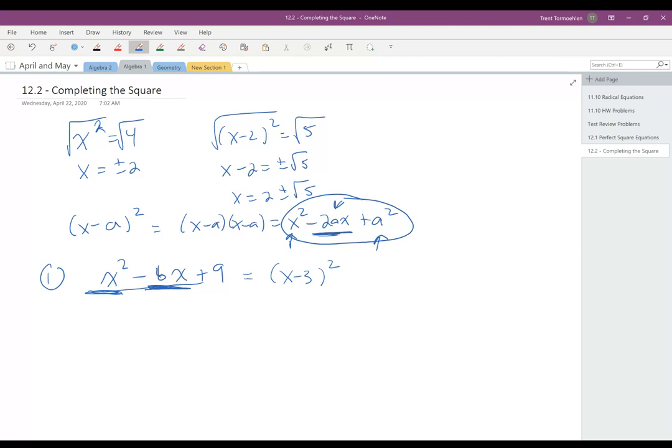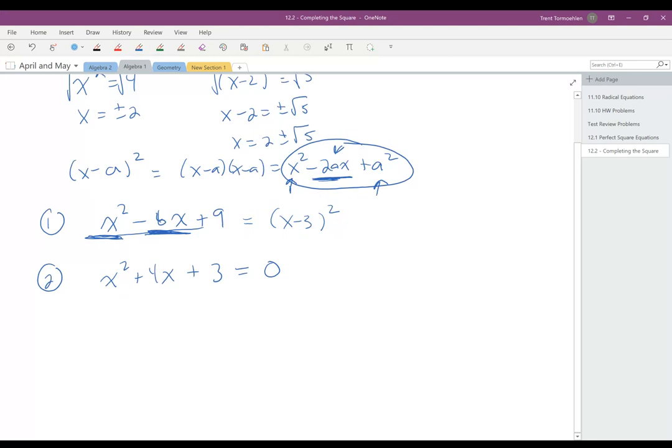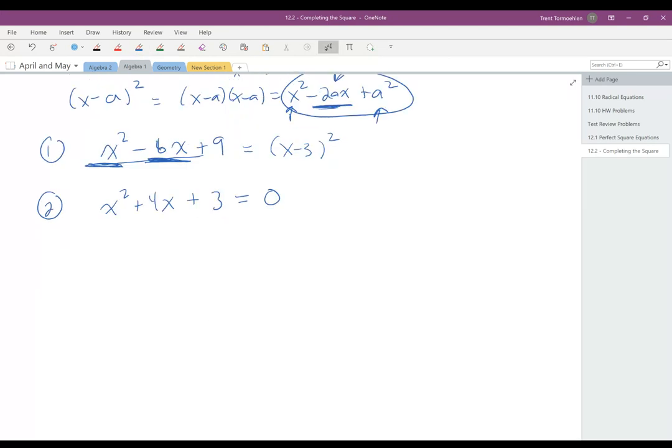So for example, if we have a problem like x squared plus 4x plus 3, which is one we could solve by factoring, and we'll show that in a second. But if I wanted to solve this by completing the square, here's what I do. I first subtract 3, and then think: x squared plus 4x, what do I need to add to make it a perfect square?